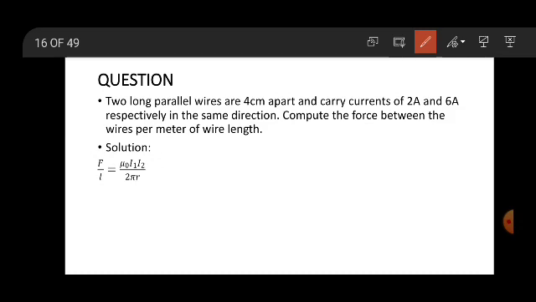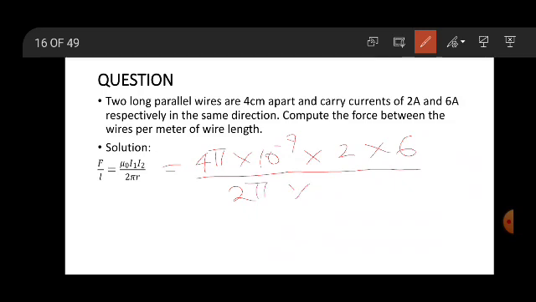Okay, which we've seen is mu naught I1 I2 over 2 pi r. Very simple. Your mu naught is 4 pi times 10 to the power minus 7, a constant, the permeability of free space. The currents in the wires I1 and I2 are 2 amperes and 6 amperes. Now divided by 2 pi r, where r is the distance between the wires, which is 4 centimeters, which you can write as 0.04 meters.